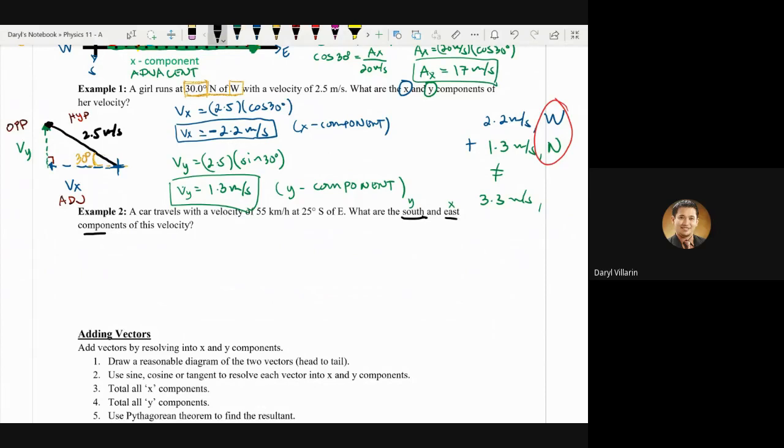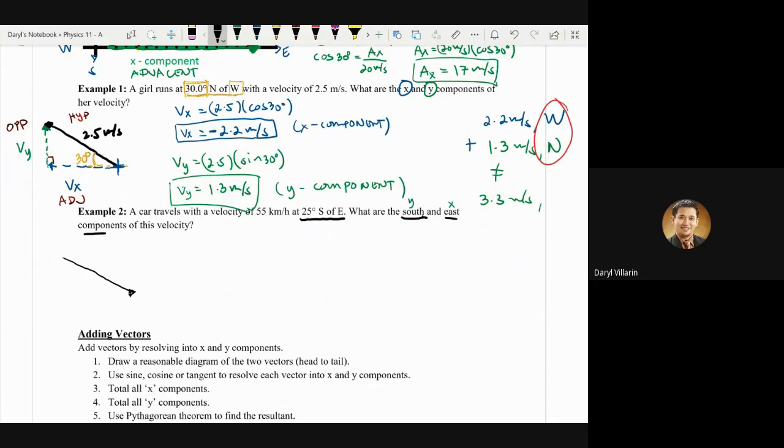And again, to start with, you try to locate this particular vector. Where will this vector lie? Well, it's southeast, so that would be in the fourth quadrant. Your drawing doesn't necessarily have to be that accurate.